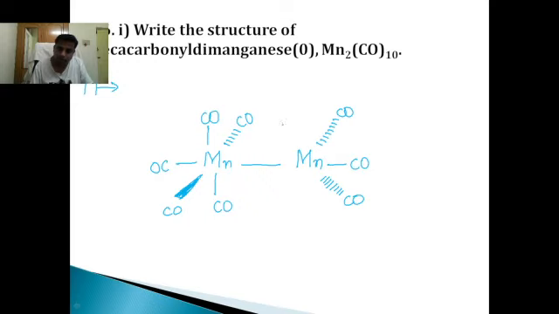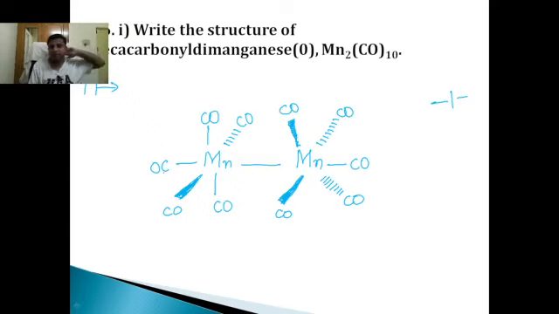Both the manganese atoms should have 5 carbonyl ligands. This is how it has to be. Yes, writing this has 1 mark. Okay, understood?